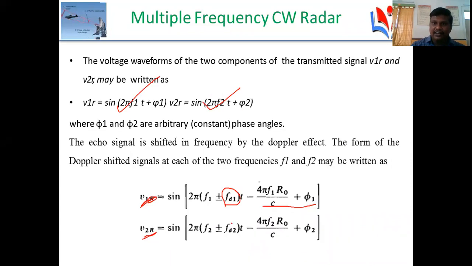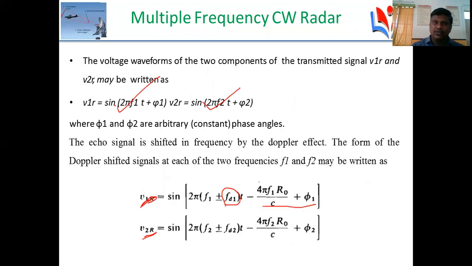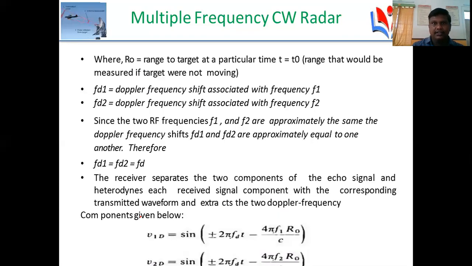Here R0 is nothing but the range, the range at a particular time instant T, taken as T0. And FD1, FD2 are the Doppler frequencies associated with the first signal and the second signal.